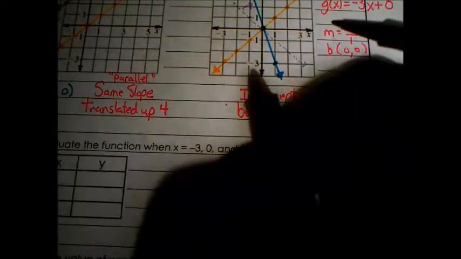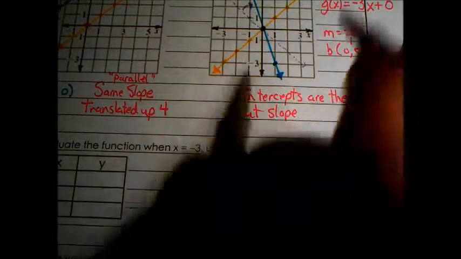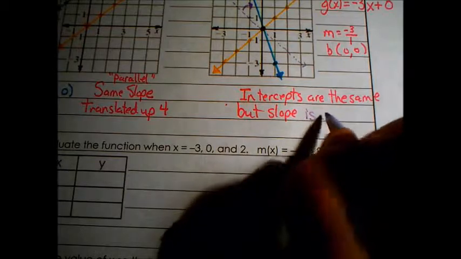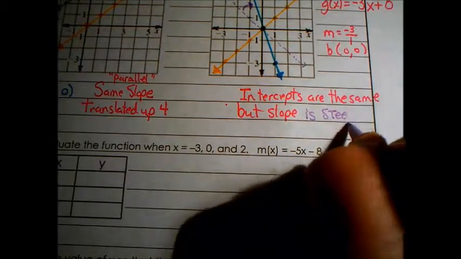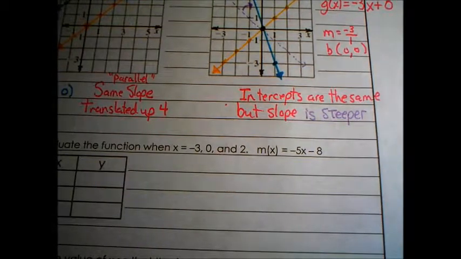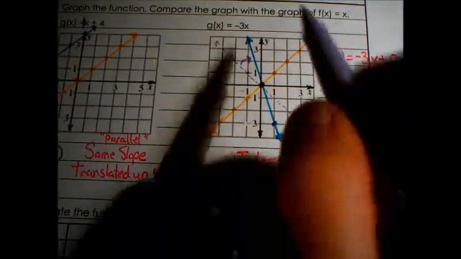So since this blue line, which is actually my graph, is above the parent graph on either side, we're going to say that the slope is steeper, because it's actually above my graph.